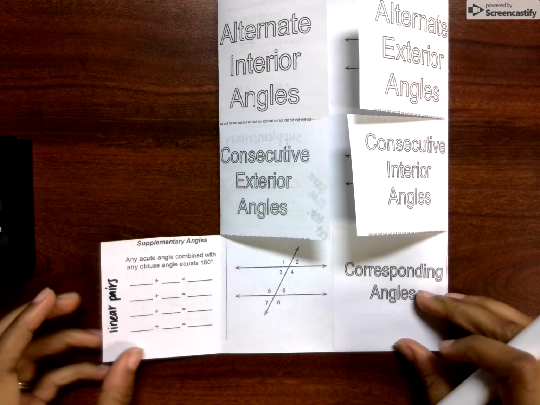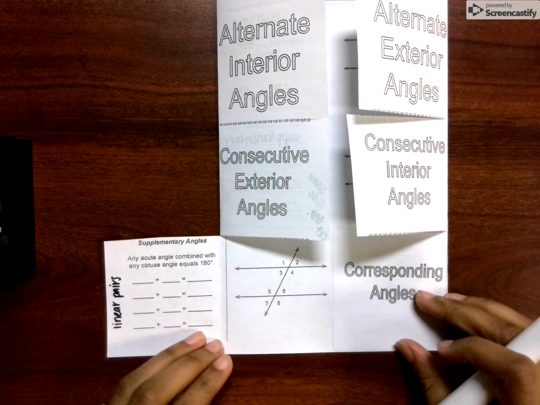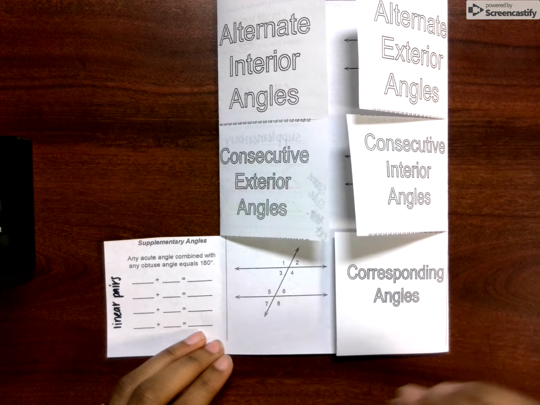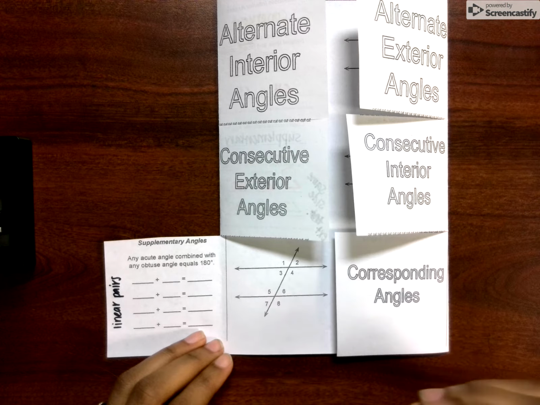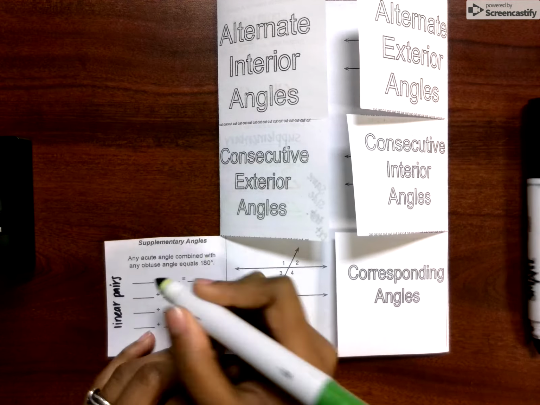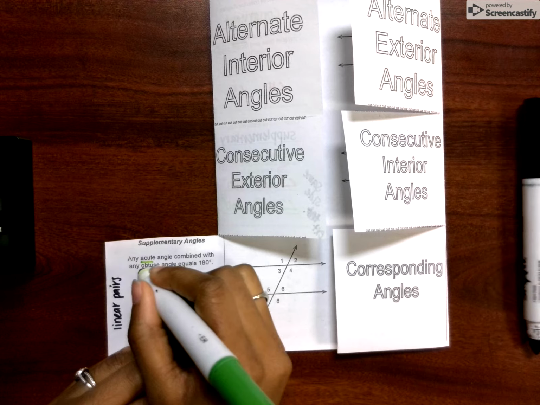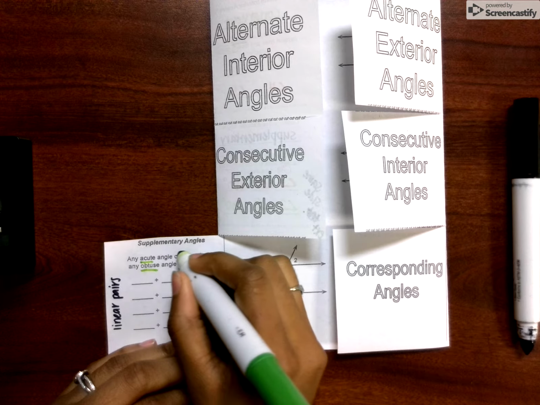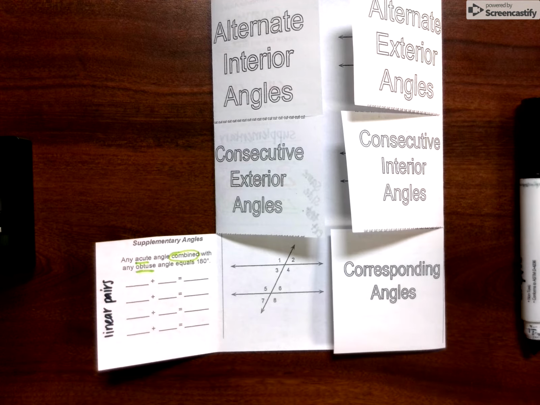And of course, we already know supplementary angles are two angles that when combined, when you add them up, they equal 180 because they create a straight line. They're right next to each other. So usually it consists of an acute angle and an obtuse angle combined. So circle those words. Those are the key words.